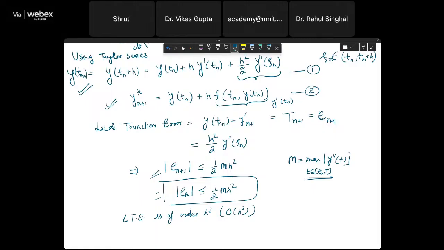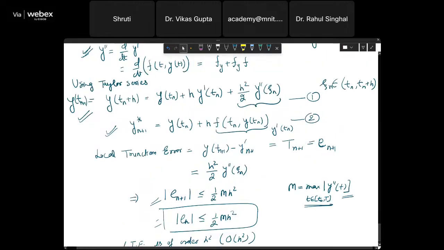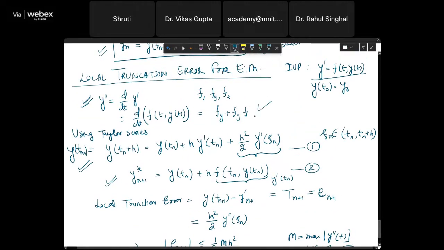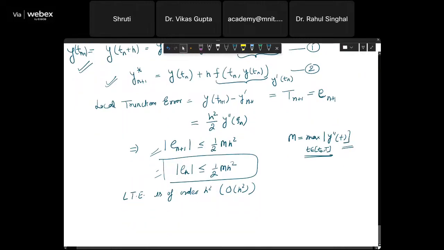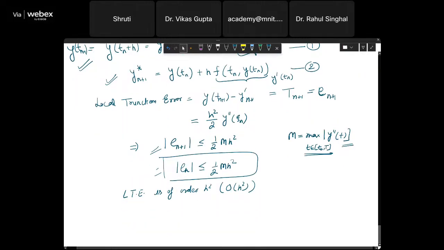Here you may note that this bound M may not be easy to compute, or sometimes may not be possible, as it is a bound for y double prime. But if you note that y double dash can be written in terms of f sub t and f sub y, then sometimes it will be possible to obtain an error bound of y double dash even without knowing the true solution y of t.